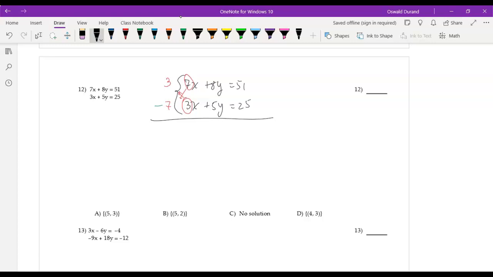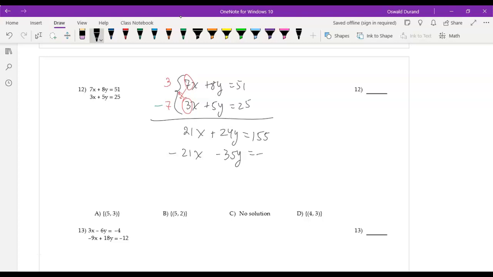Okay, so let's multiply across. It's 21x plus 24y equal to 155, and then you have negative 21x, negative 35y equal to 25 times negative 7.